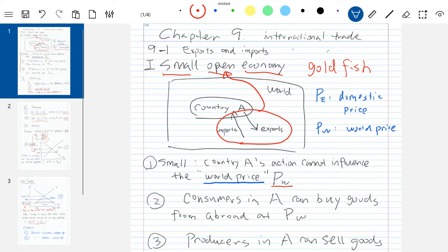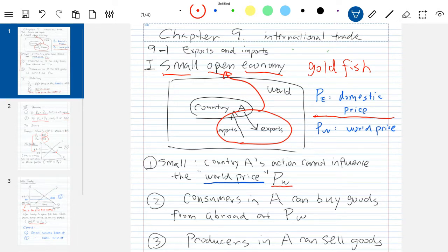And there are consumers and producers of goldfish within country A as well as in other countries all over the world. The demand and supply of goldfish within country A will determine an equilibrium price of goldfish in country A's market.